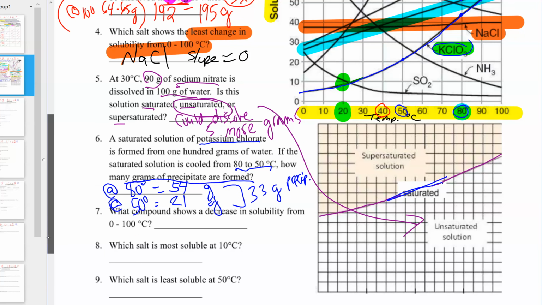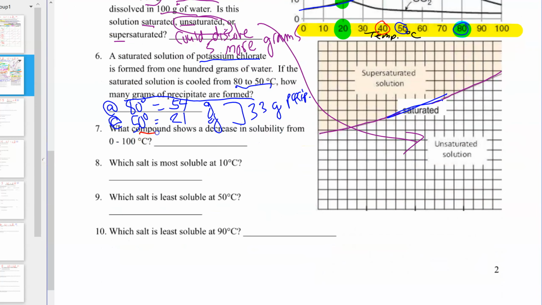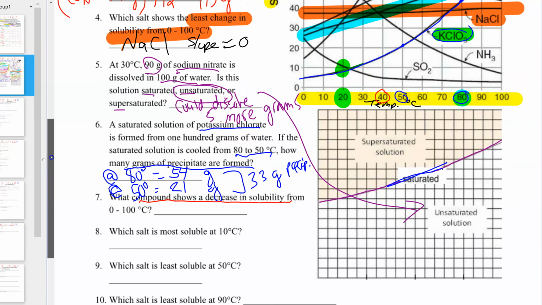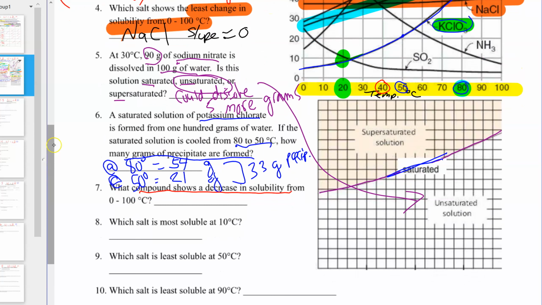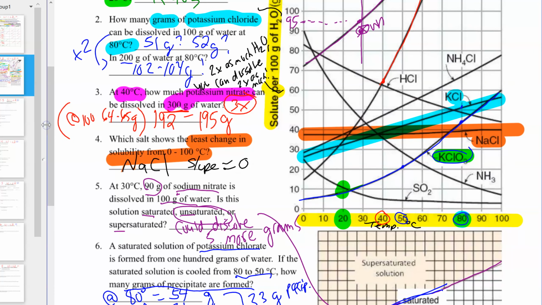Now this next question says, which compound shows a decrease in solubility? It says compound, so that could be anything, including a salt. From 0 to 100, which ones have a negative slope? There's a couple different answers here. Anything with a negative slope.